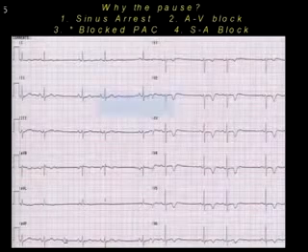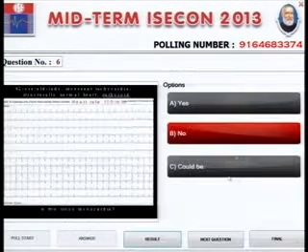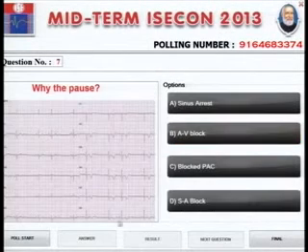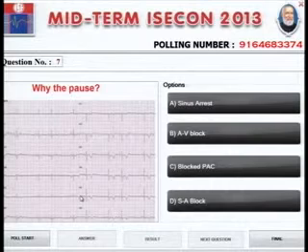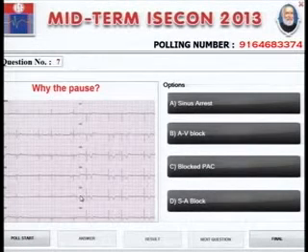So here we see a pause, and the question is why the pause? So we see two sinus beats followed by a pause, two sinus beats followed by a pause.